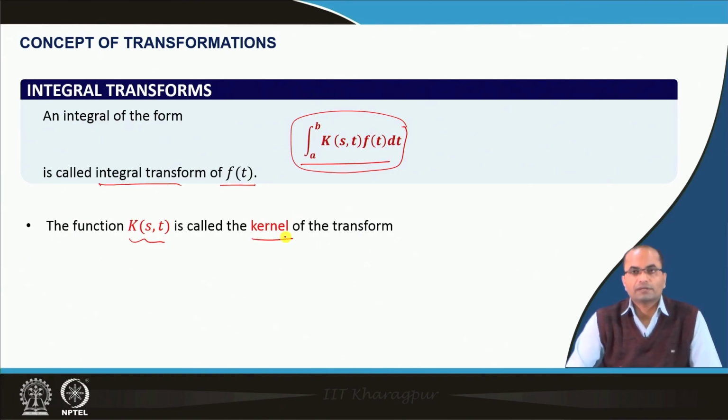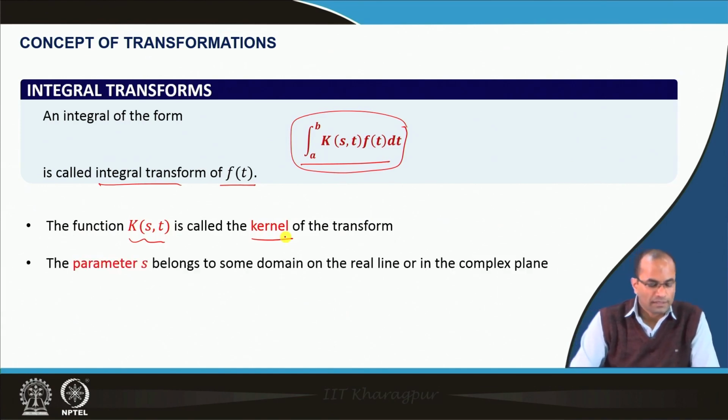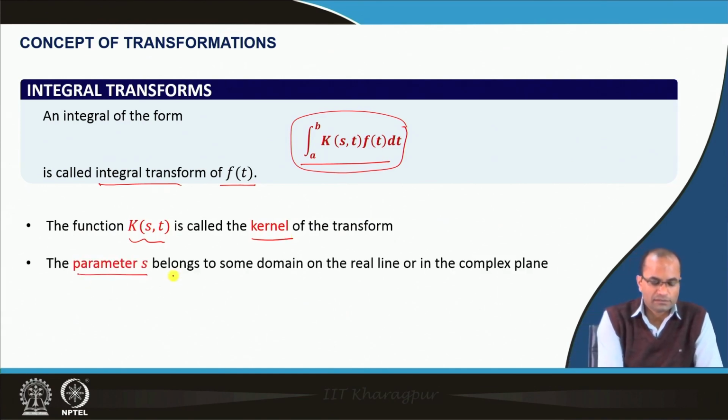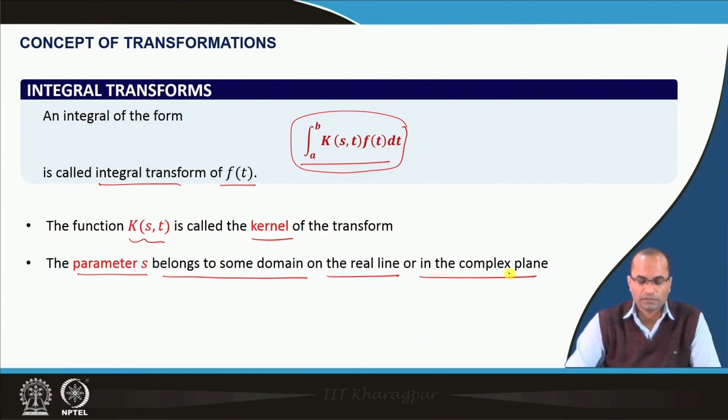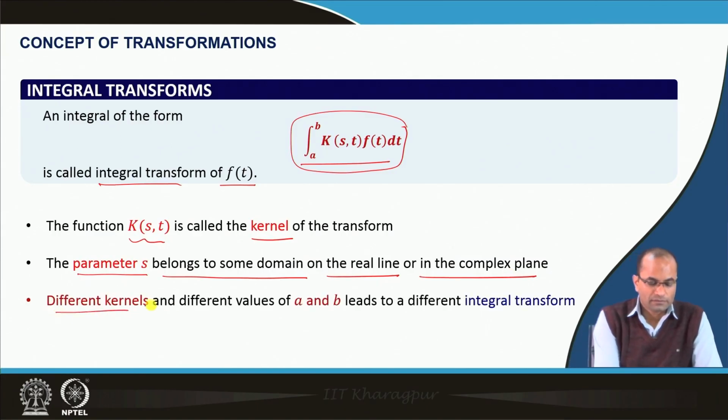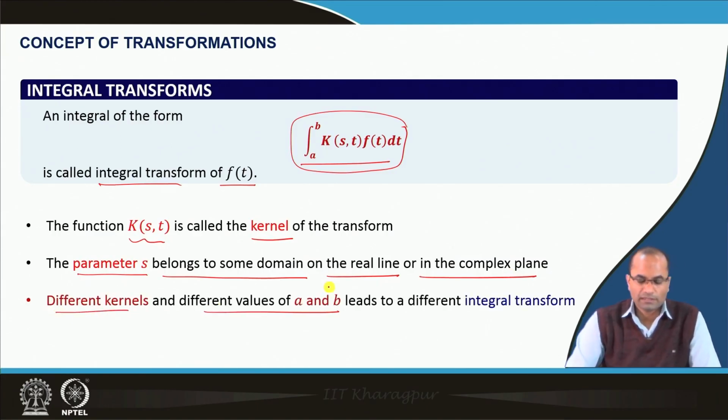For different kernels we have different transforms, and the parameter s belongs to some domain on the real line or in the complex plane. Different kernels and different values of a and b lead to a different integral transform.